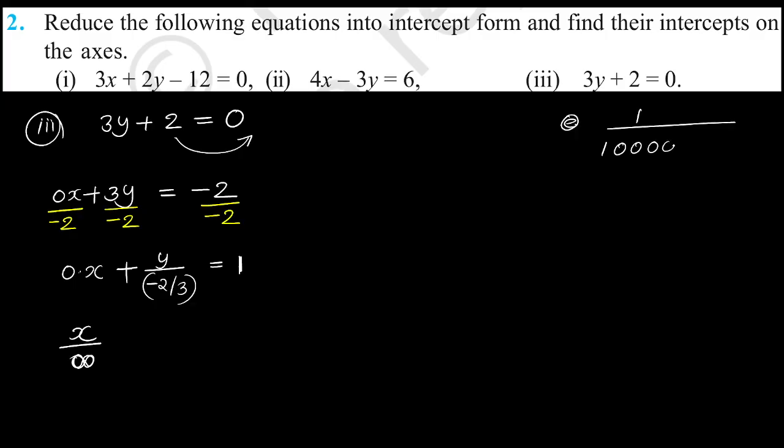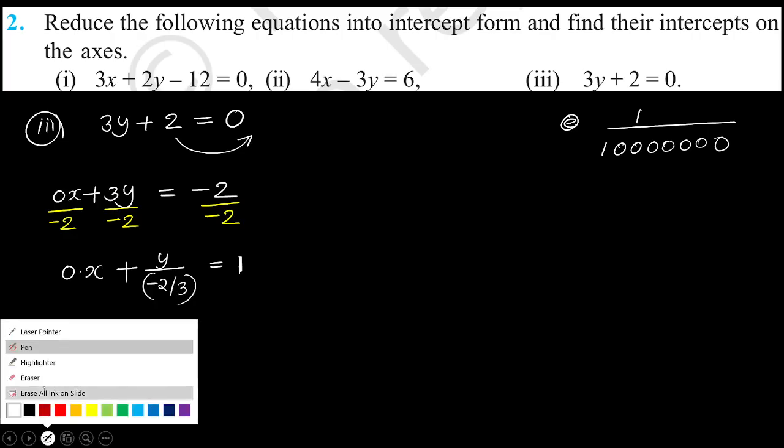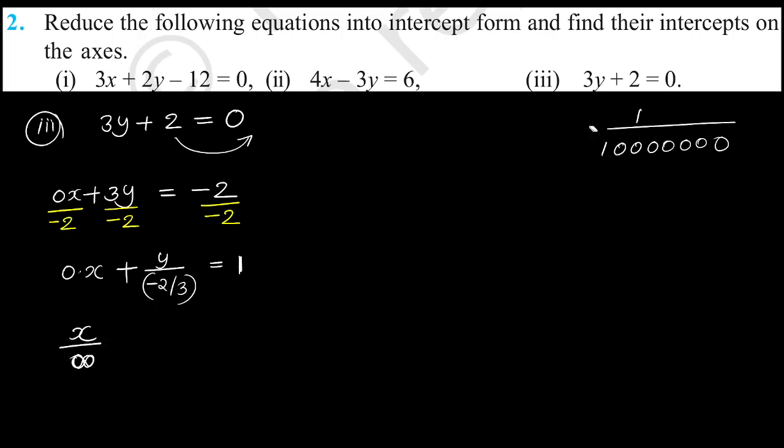Infinity stands for a very, very large number. Is 1 by infinity a 0? Yes, approximately it is 0. 1 by this very large number will be 0.0000 like that. Approximately I can say it is 0. So it is just an approximation, not exact.